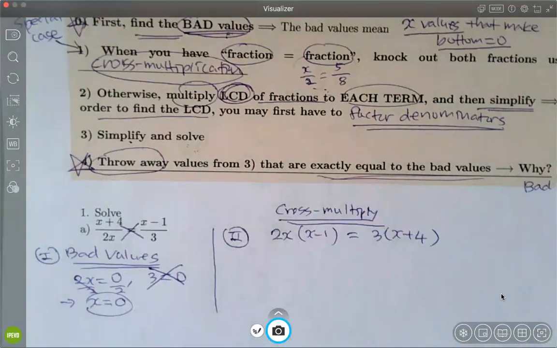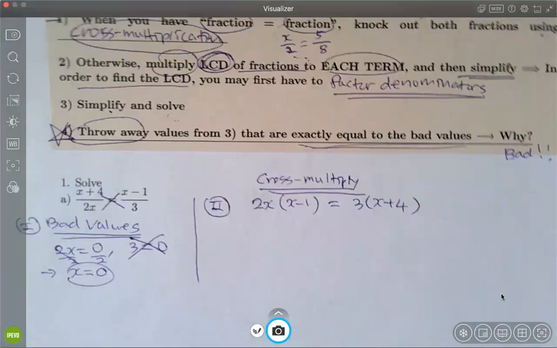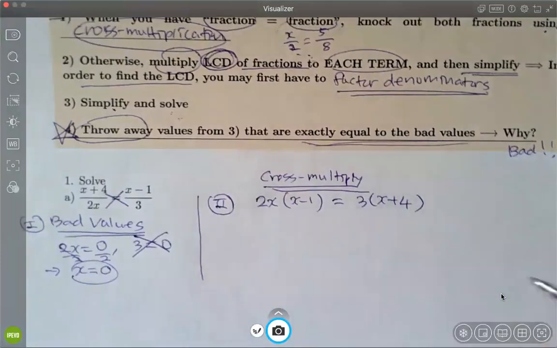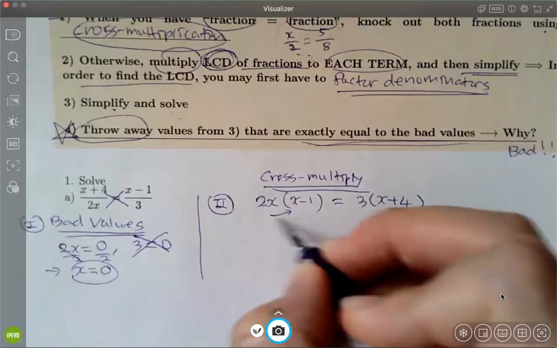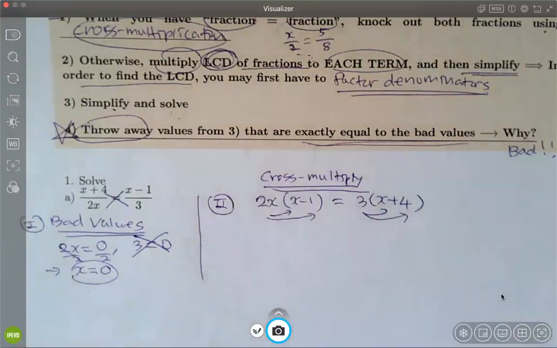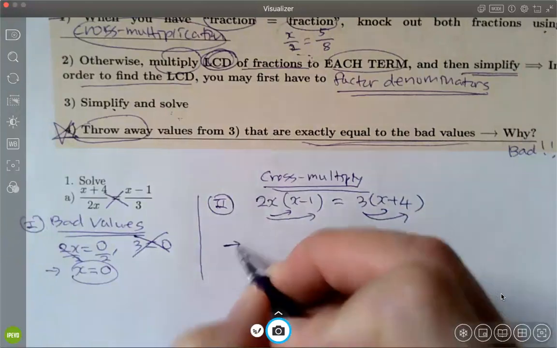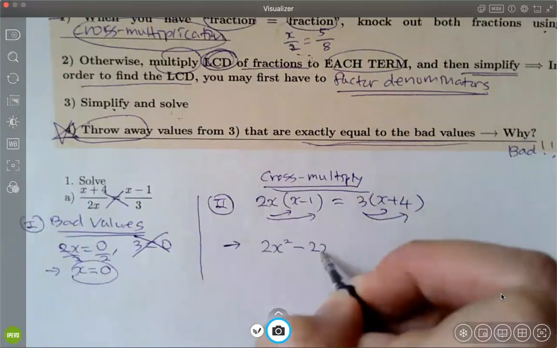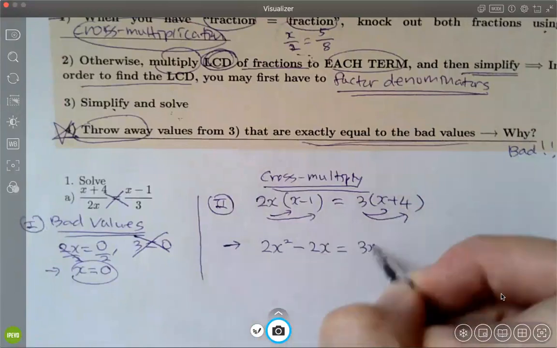Now what do we do here? There's only one way, which is to clear parentheses. So we have 2x squared minus 2x is equal to 3x plus 12, right?